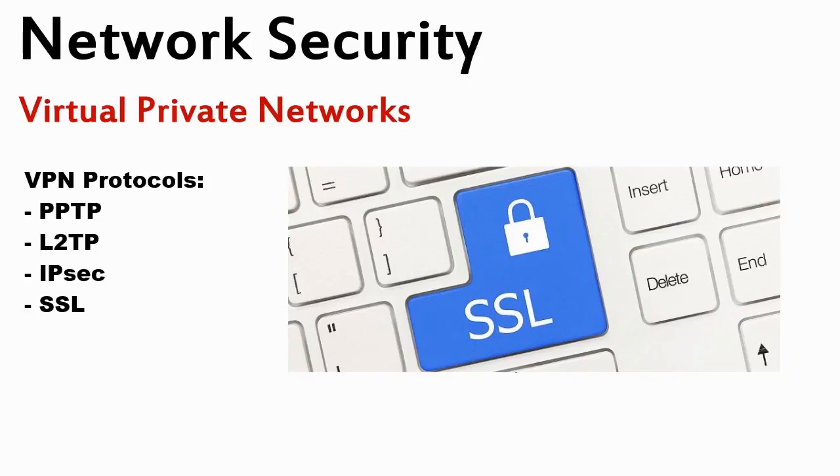PPTP, L2TP, IPsec, and SSL. The first two, again, I will not get into details because we'll cover that later on. PPTP and L2TP are really popular because there is a client built into Windows. You don't need to download anything.